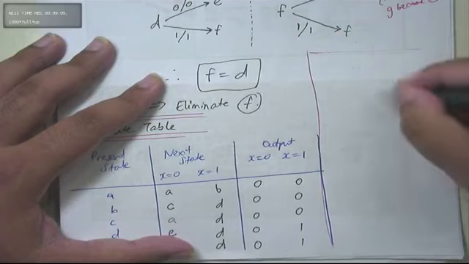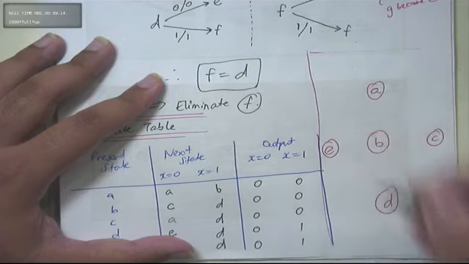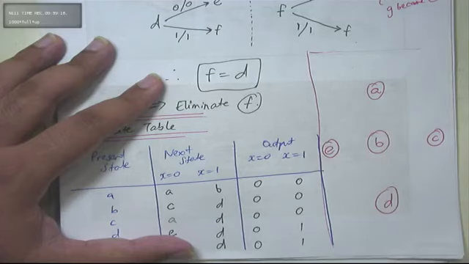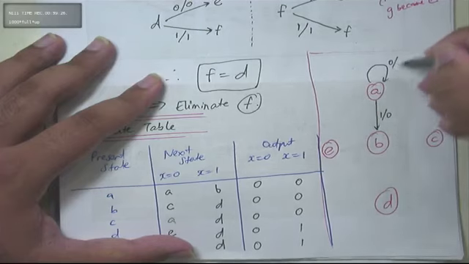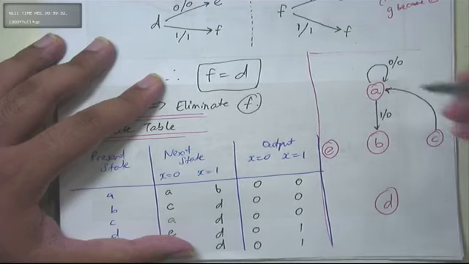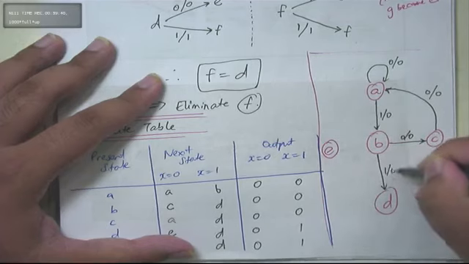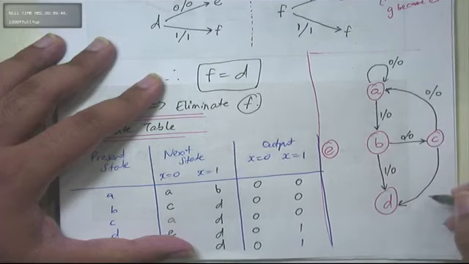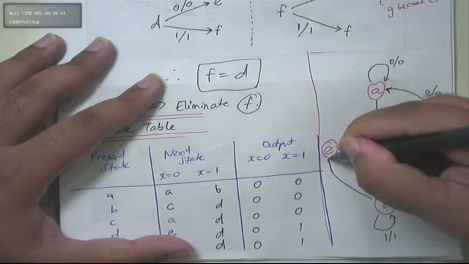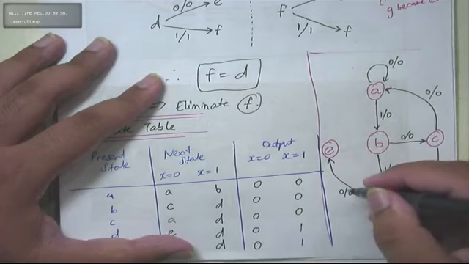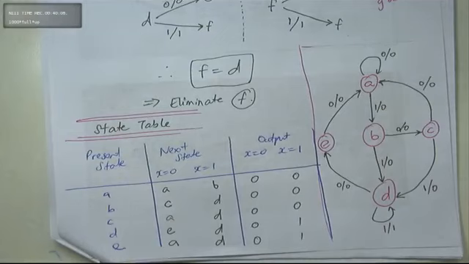Okay, so we've got A, B, C, D, E. All right, and we have 1, 0, 0, 0, 0, 0, 0, 0, 1, 0, 1, 0, 1, 1, 0, 0, so that's our final reduced state diagram.